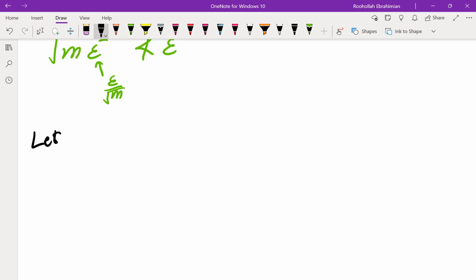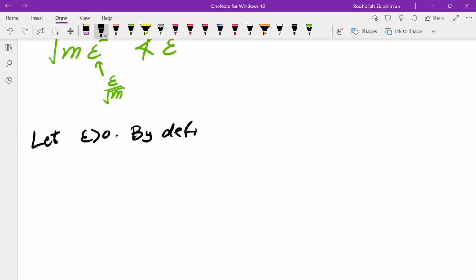So let epsilon be positive, and then for that, we're going to use epsilon over root m for the definition of limit for fi.